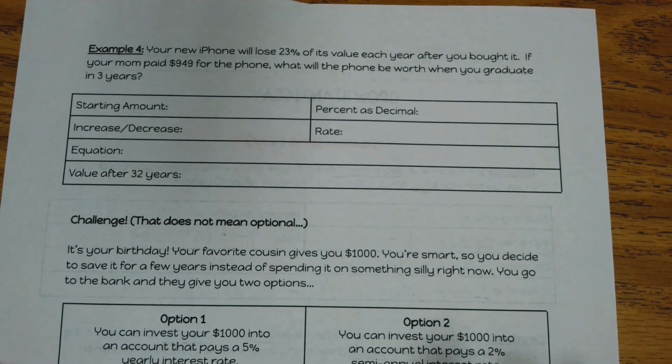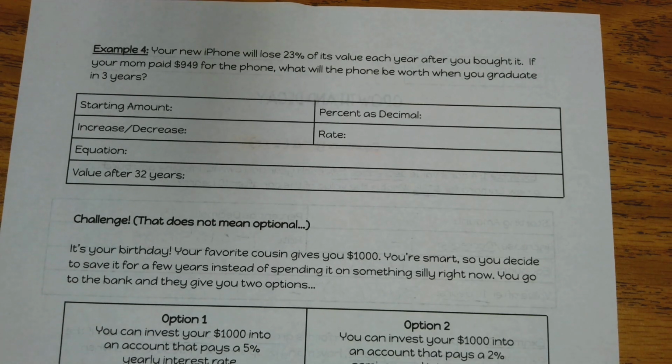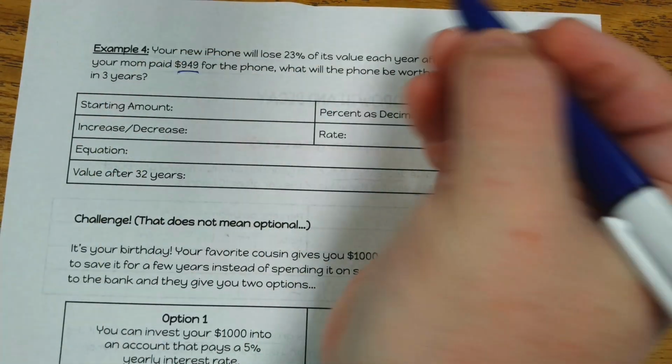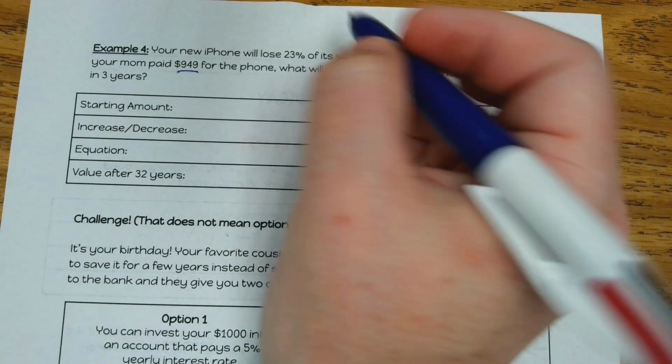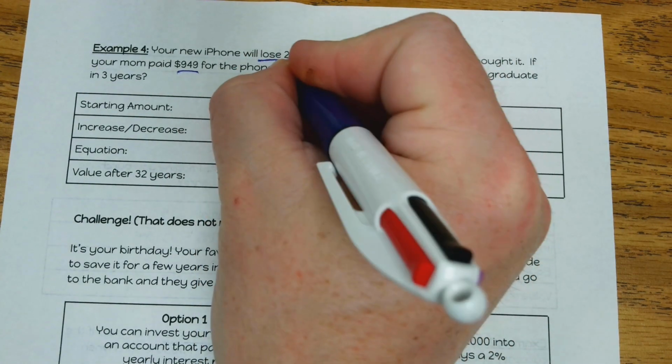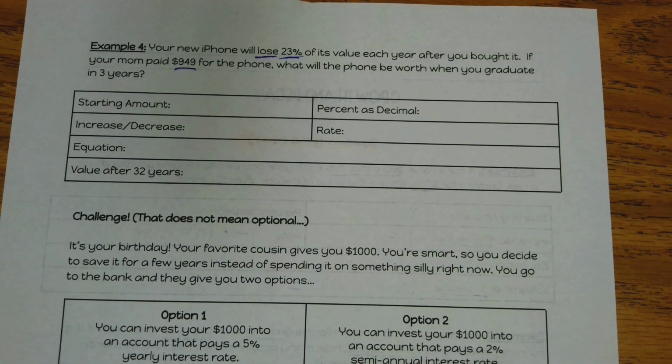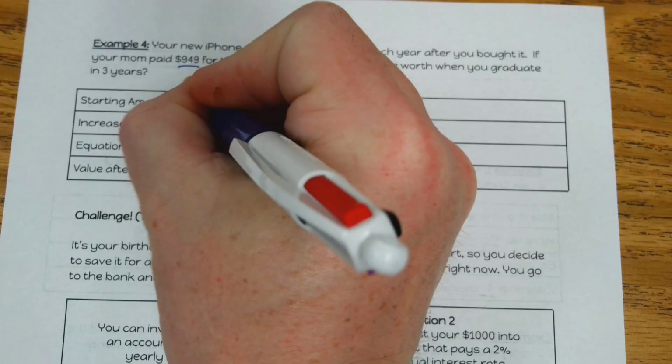Okay, so our next example, your new iPhone will lose 23% of its value each year after you bought it. If your mom paid $949 for the phone, so $949 is our starting amount. We're losing 23%, so that's decreasing. What will the phone be worth when you graduate in 3 years? So our starting amount is our $949.